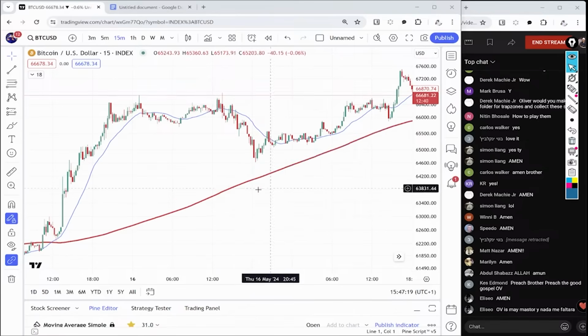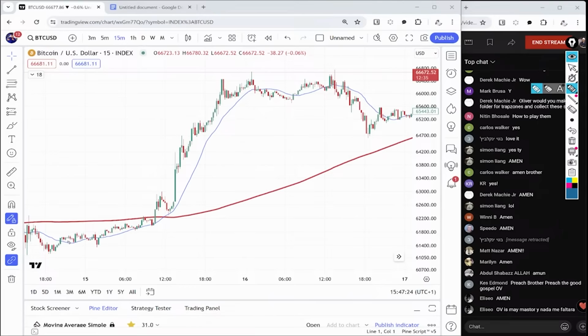Let me show you this. Look at your rising item and your flat one. Here's the rising 20. You see the rising 20? And the overhead flat 200. And the stock is trapped between the two. So the stock is trapped, trapped, trapped.